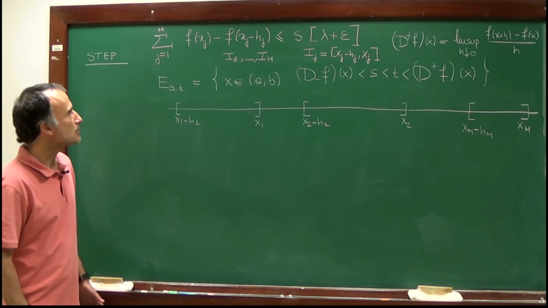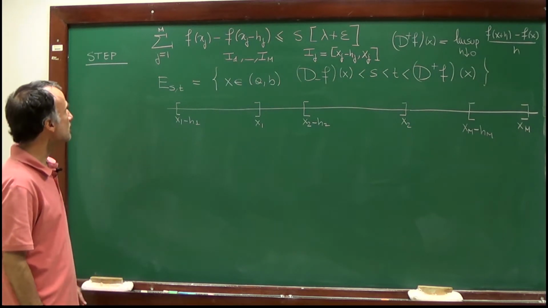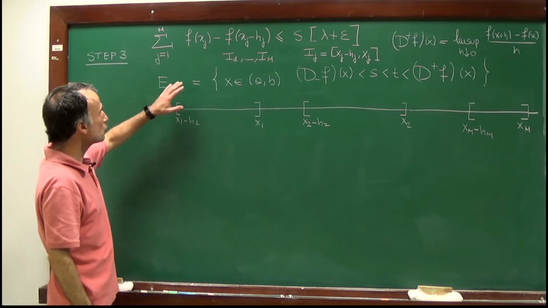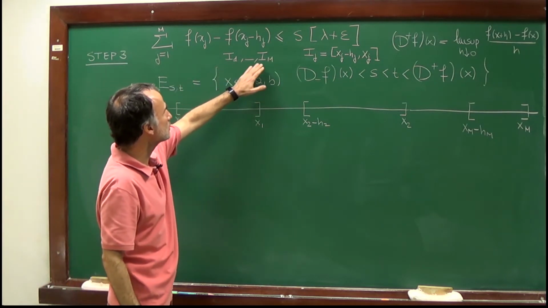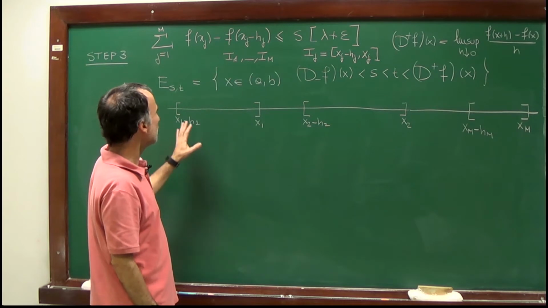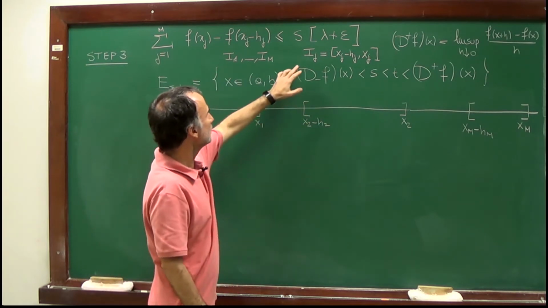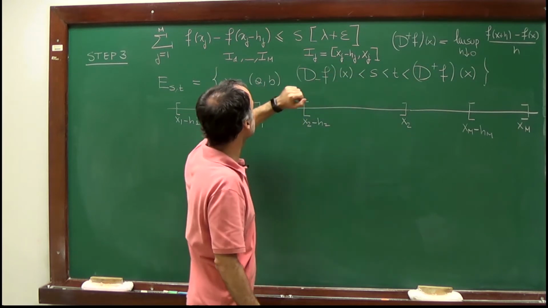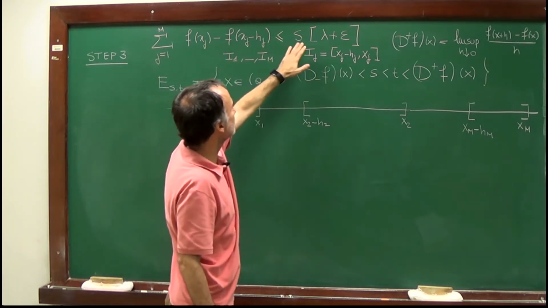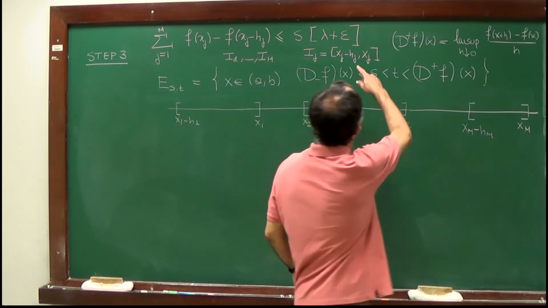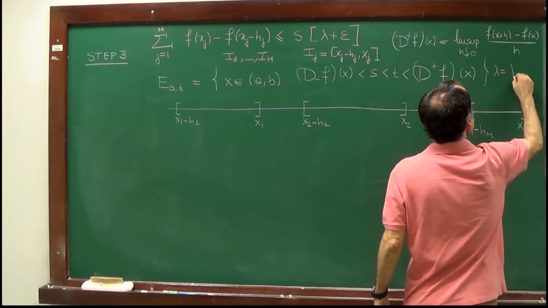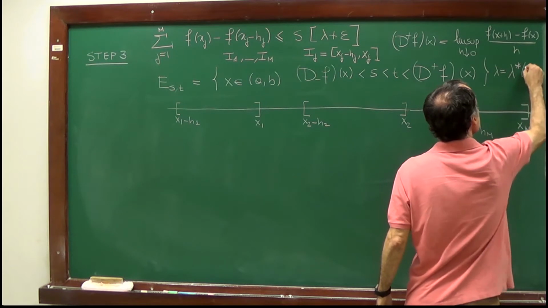So I kept on this blackboard what we will need for the next step, which is step 3, I guess. So up to now we constructed these intervals I1 up to Im. They are ordered. Ij is equal to [xj minus hj, xj]. And we have proved that inequality, where I just remind you that lambda is actually equal to the outer measure of E_s^t.